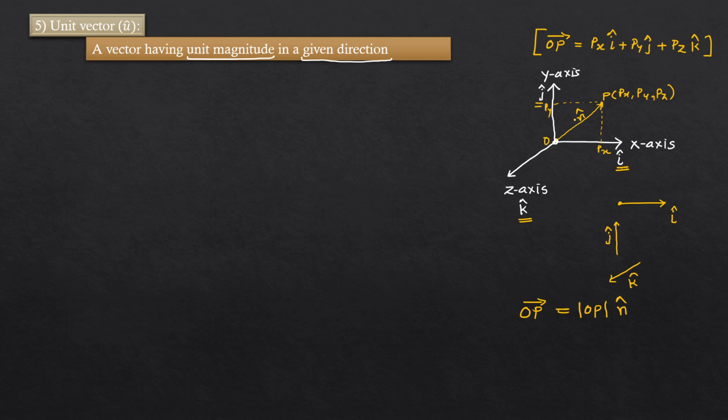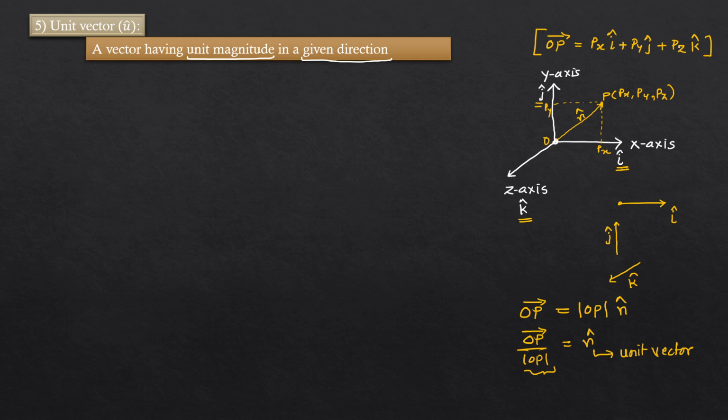So this n cap is called the unit vector, which shows only direction. So this is OP bar divided by the magnitude of OP. We will learn later how to calculate this magnitude. Don't worry. So what is OP bar? Px i cap plus Py j cap plus Pz k cap.